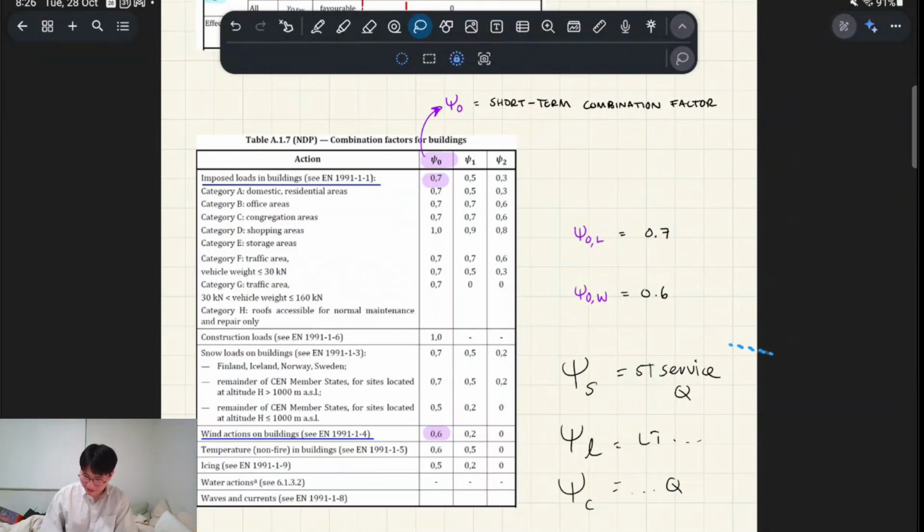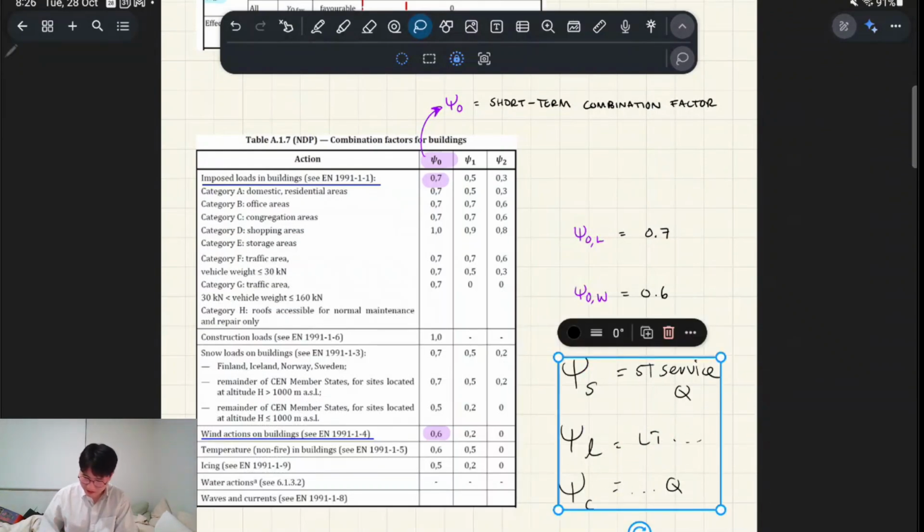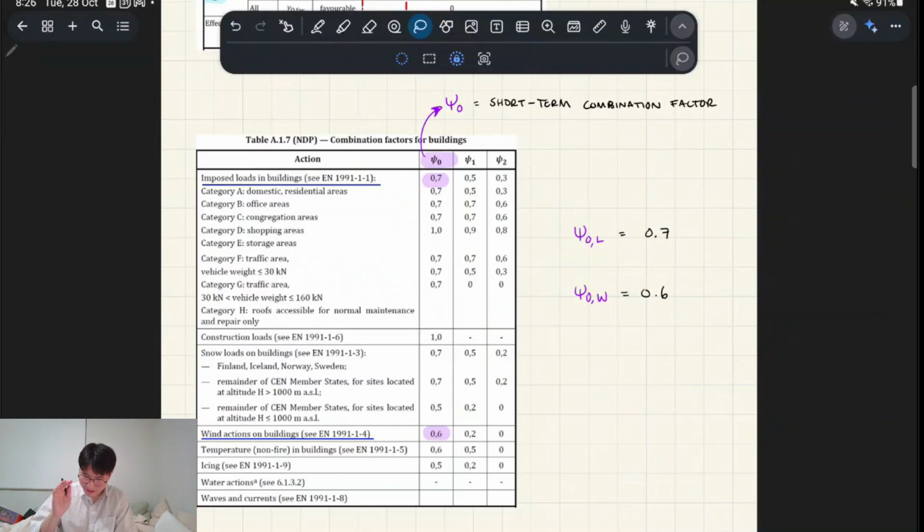Forget everything you know about the Australian load combination for a second. The way the European loads work is basically this is the strength case. You've got your dead load, you've got your live load, and you have the gamma factors we talked about a second ago.